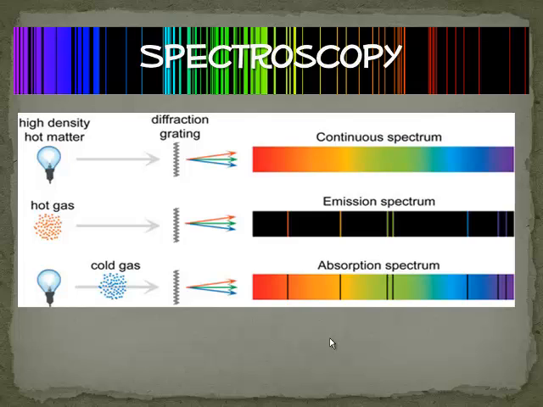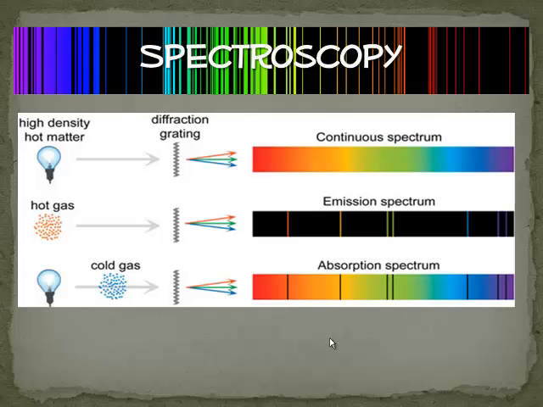In this first example up here on the top, if you have, for example, a solid metal filament inside of a regular old-fashioned light bulb, that object produces a continuous spectrum when the light from that object is passed through a diffraction grating. A diffraction grating is basically a piece of plastic that has thousands of little ridges in it, and it's a technological advancement that replaces a hunk of glass called a prism that was pretty uncomfortable to carry around in your pocket.